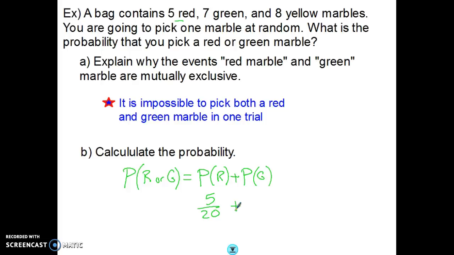Plus, the probability of getting a green marble is 7 out of 20. So we add these together, and our total probability for getting a red or green marble becomes 12 out of 20, which we can then simplify to 6 out of 10, or 3/5.